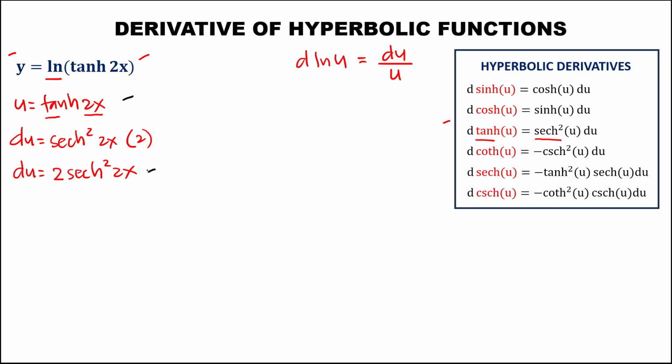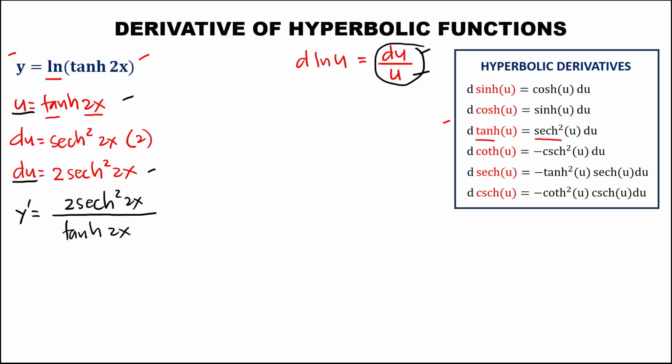Then using these two values, we can find the derivative from this formula. So we have du, which is 2 times the hyperbolic secant squared 2x, over u, the hyperbolic tangent 2x.